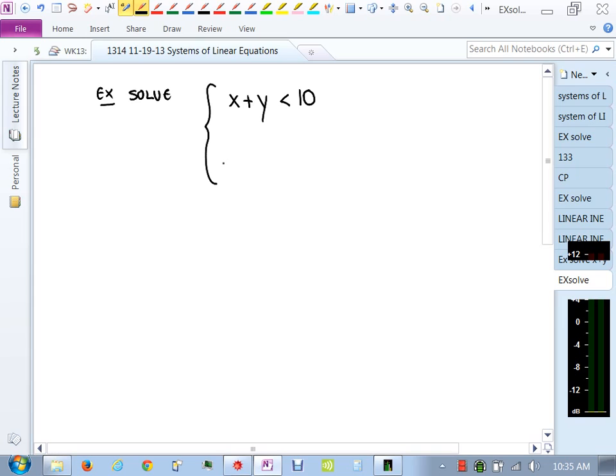And then let's say 2x minus y is greater than or equal to -2.